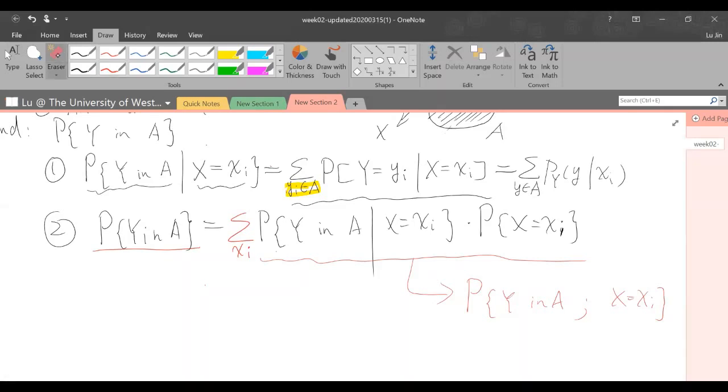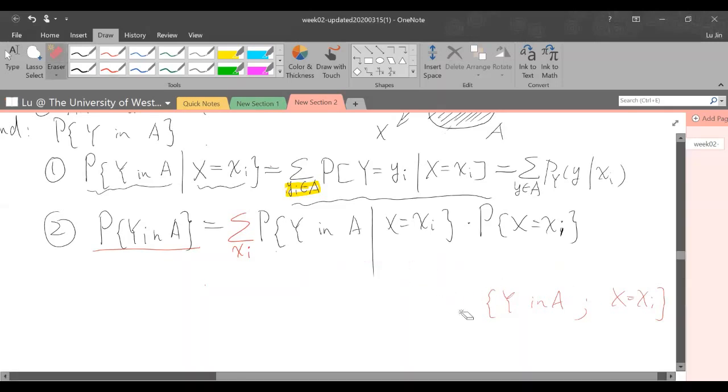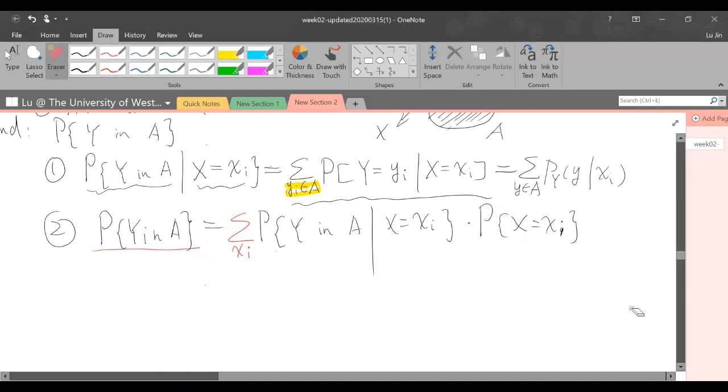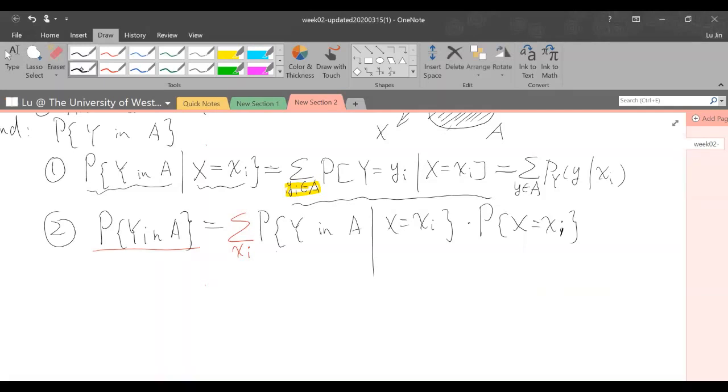Okay. Now this is just how we solve this question to derive the total probability of an event, and this event depends on two random variables. We have said this is true for the discrete case, but how about the continuous case? Okay, the continuous case is very similar to this one.